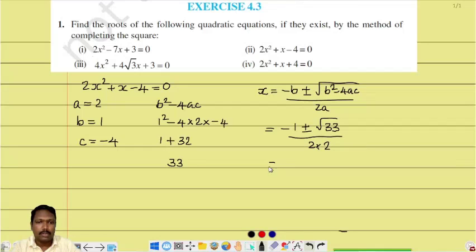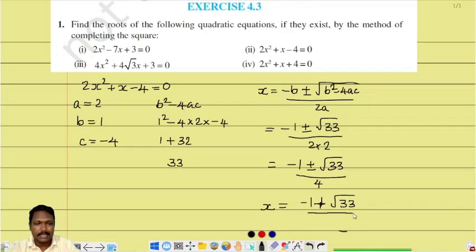So that is equal to minus 1 plus or minus root 33 divided by 2 into 2, which is 4. So the values of x are, you have to separate this one, minus 1 plus root 33, because we don't know root 33, it will be in decimal form.